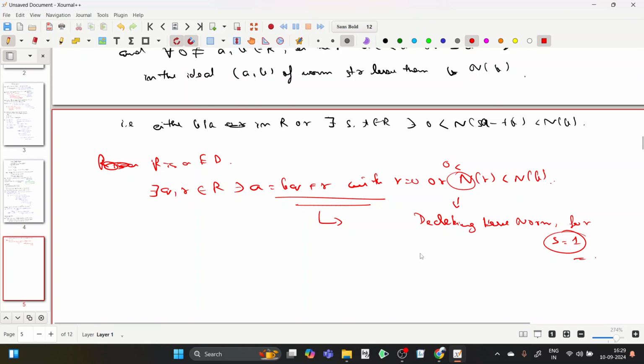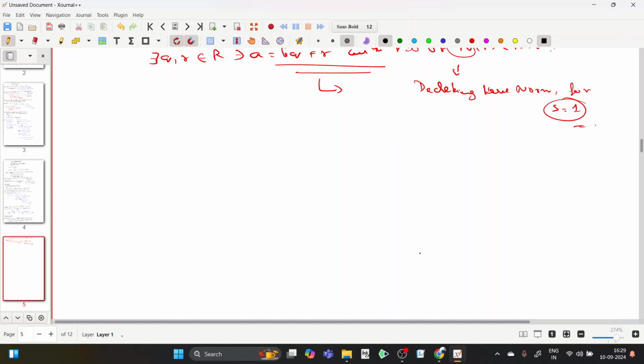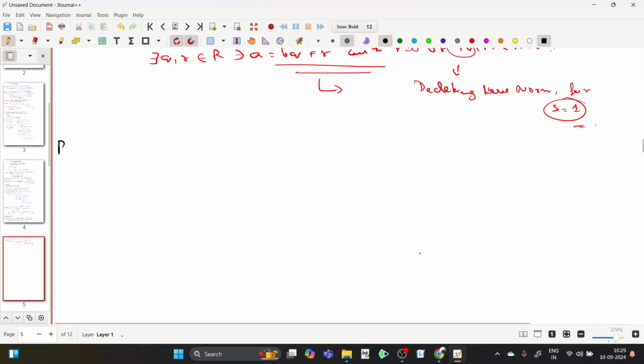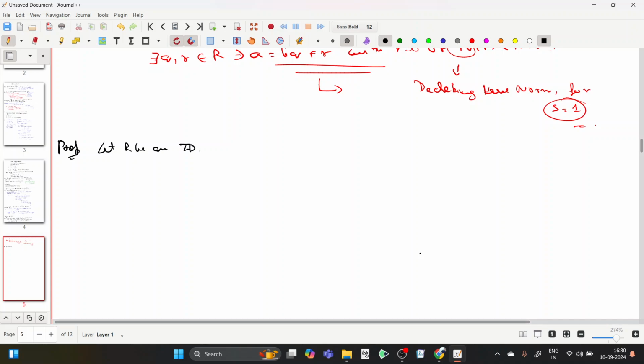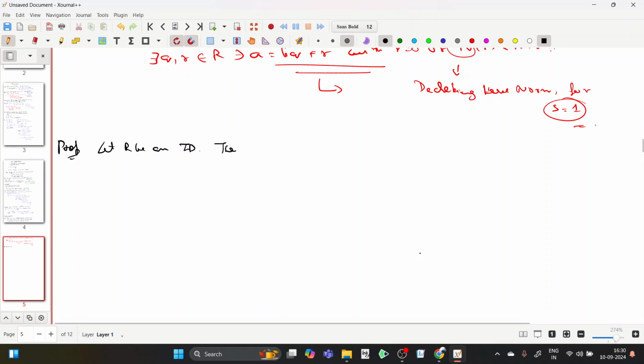Why is this observation important? Because the existence of a Dedekind Hasse norm exactly characterizes the existence of a PID. Proposition: let R be an integral domain, then R is a PID if and only if R has a Dedekind Hasse norm.